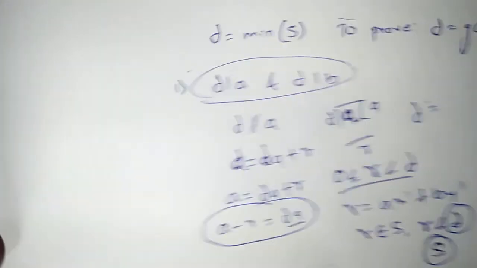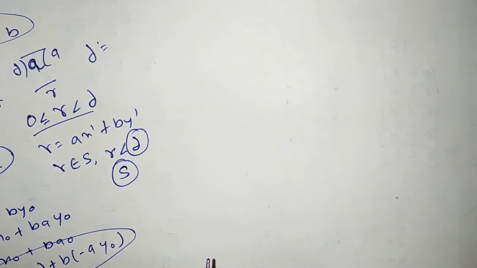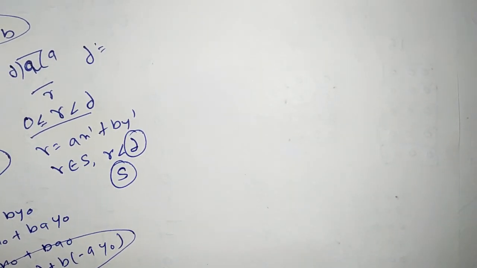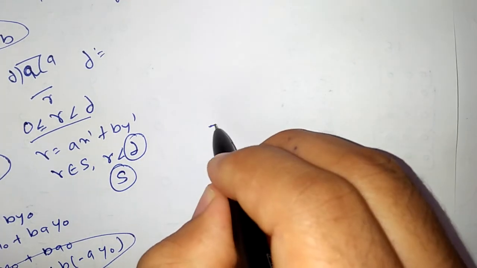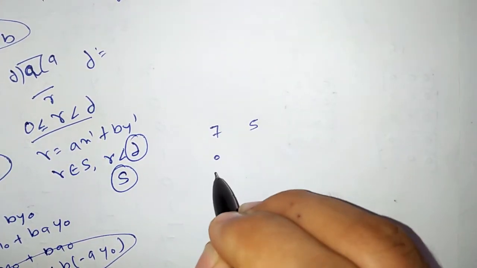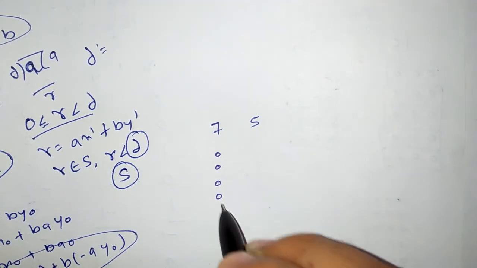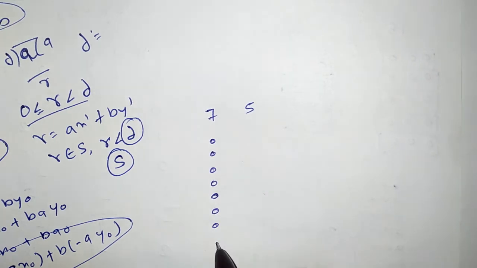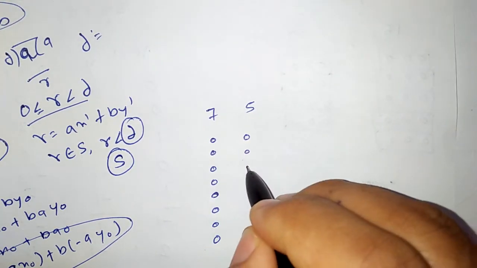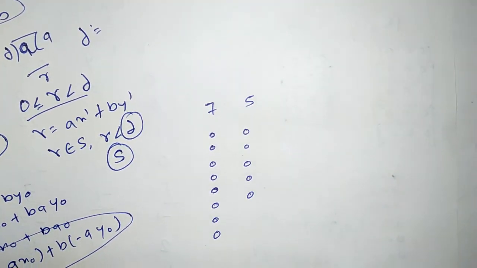So what does this look like? Let's suppose 7 and 5. They can be divided into chunks of 1 since they are prime numbers.